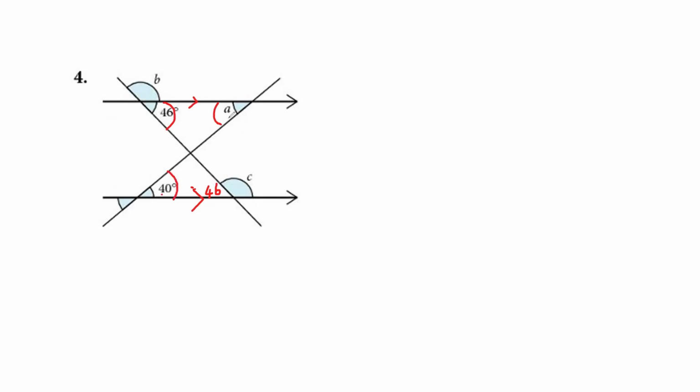If this is 40, this also will be 40. Now these two make supplementary angles, so you can find C by subtracting 46 from 180. That is 134 degrees. The C.